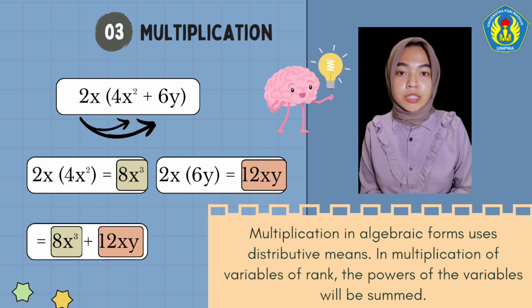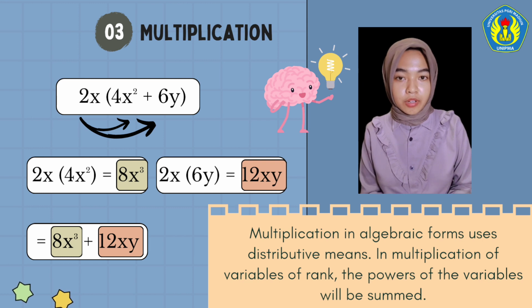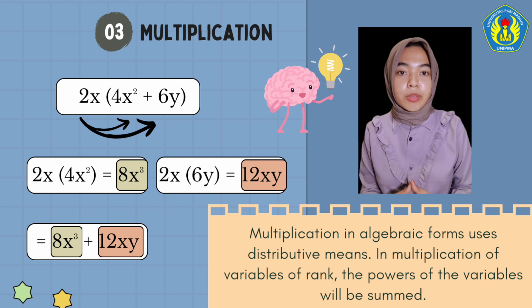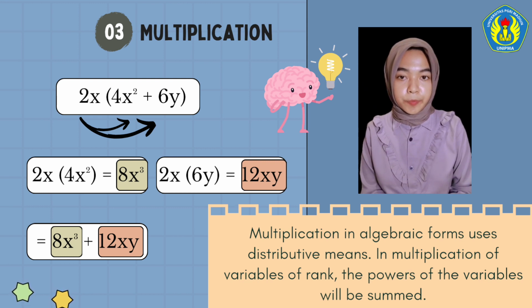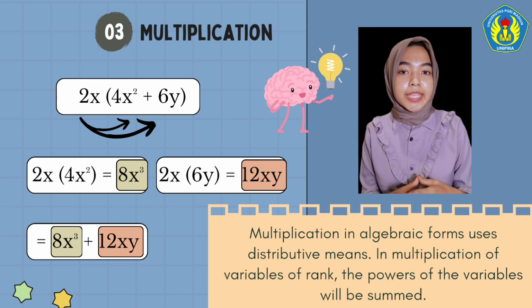For 2x multiplied by 4x squared, we multiply the coefficients first. 2 multiplied by 4 equals 8. Then we multiply the variable x by x squared. In multiplication with variables, we add the powers of the variables.